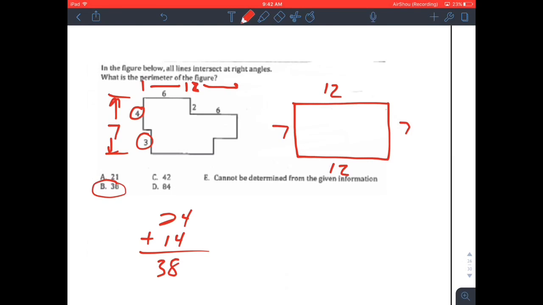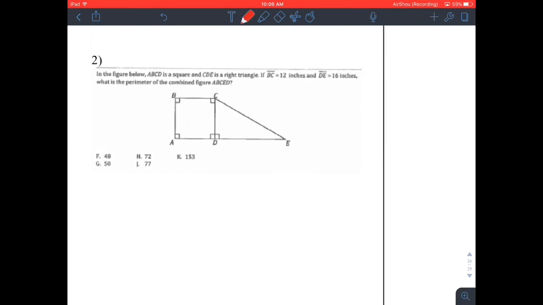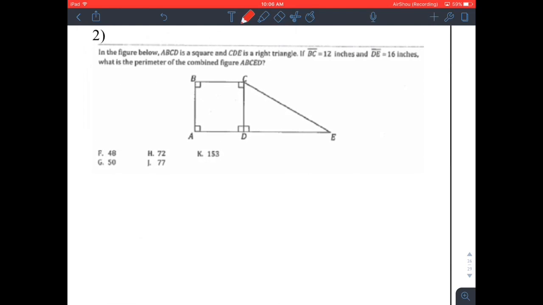That makes the perimeter 38. Number 2, in the figure below, ABCD is a square, and CDE is a right triangle. If segment BC is 12, as soon as you read that, put it into the picture. I'm going to do more than that. Since it's a square, these are all 12, which now means we know the length of one of the sides of the triangle.